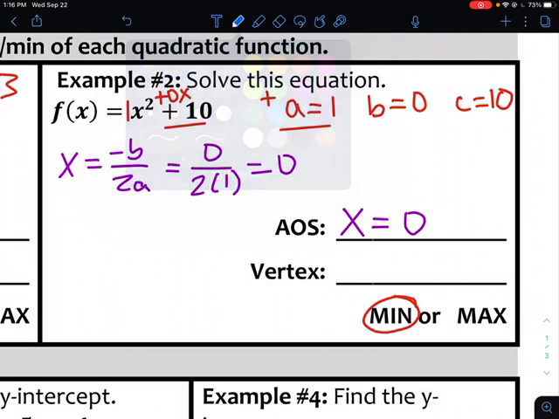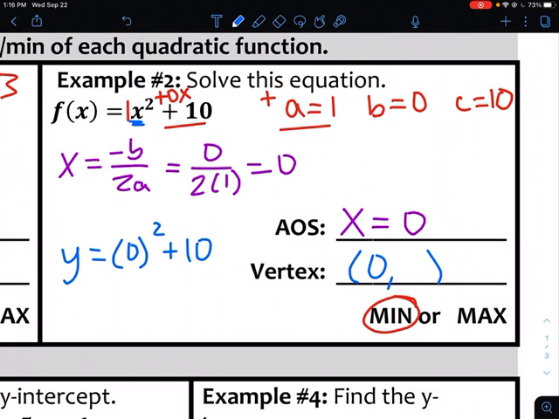And so then remember, guys, we want to find the other half because our vertex, we've got one half of it, and now we just need to plug it back in. So y is going to be equal to 0 squared plus 10. There's no other x's there. 0 squared's gone, so we know y here is going to be 10, giving us that other half of our vertex.